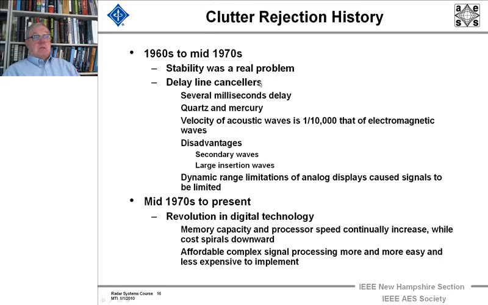And delay line cancelers, as I mentioned, were used, and the materials used were quartz and mercury. They would have a long tube of mercury, and they would send the pulse in and transform that pulse into an acoustic wave in the mercury medium through a transducer, to send the wave down a significant length of mercury.